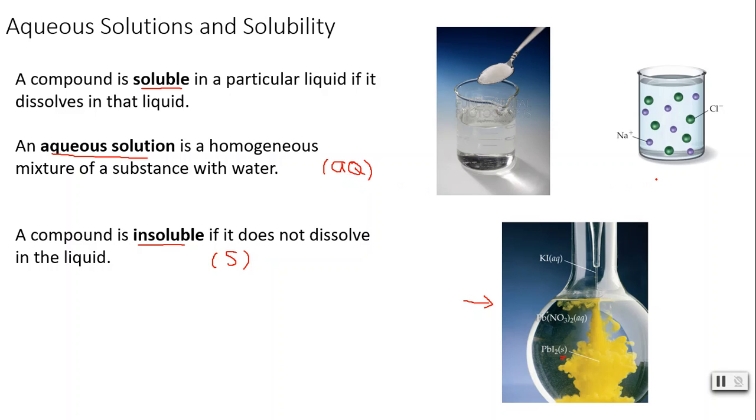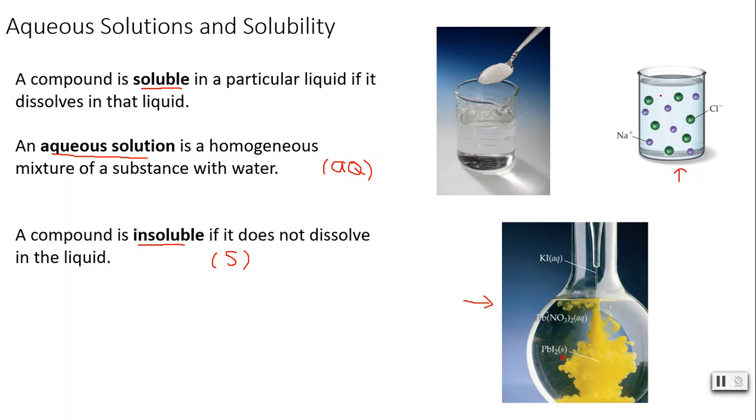Before we go to the next slide, let's take a little look at this cartoon. Even though it's a cartoon, it's instructive to show you what happens when a compound is soluble. We said that sodium chloride is soluble, so it dissolves in water. When it dissolves, what do you see with the sodium and the chloride ions? Are they still stuck together? They're not. They are separated.